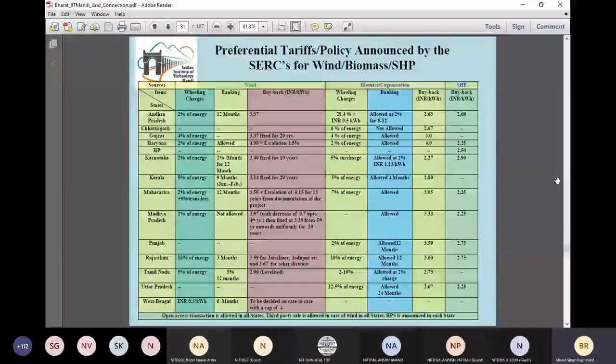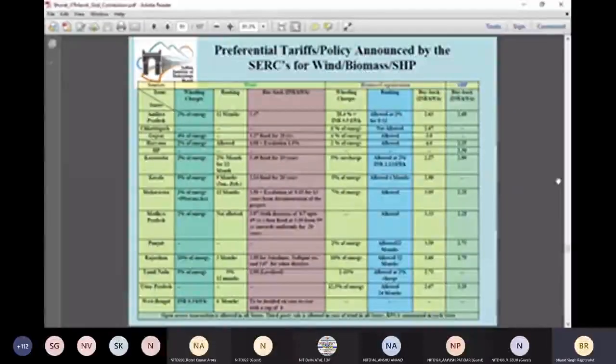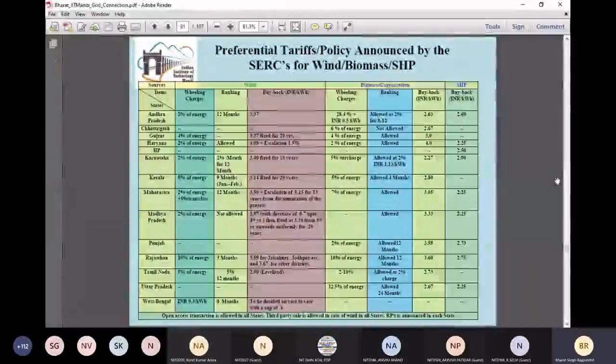This slide is showing us different preferential tariffs. The data is a bit old, but it gives us a hint of how the different charges are being levied, or what the preferential tariff was for different types of renewable energy sources in different states, and they provide stability in the policy for the renewable energy sources, so that developers can see that a project is going to be viable and able to give a return back to the wind farm or solar farm developers in the coming 10 to 20 years.